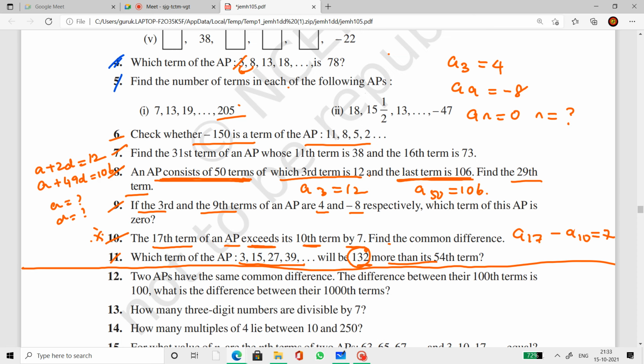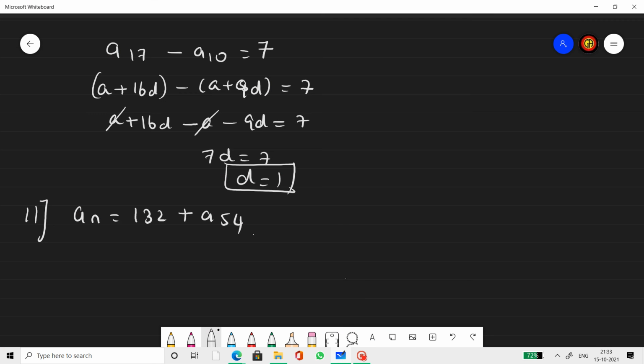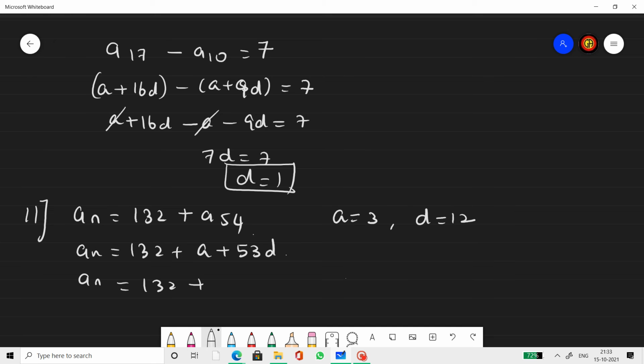Alright, A and D: A is 3, D is 15 minus 3, that's 12. Now AN equals 132 plus A plus 53D. So AN equals 132 plus 3 plus 53 into 12.